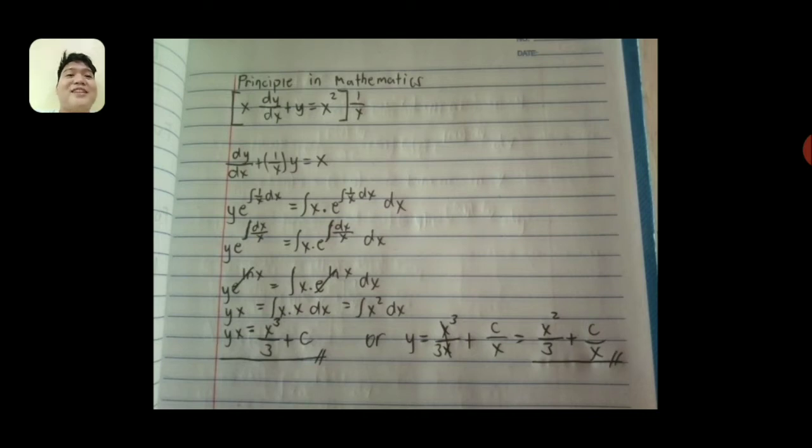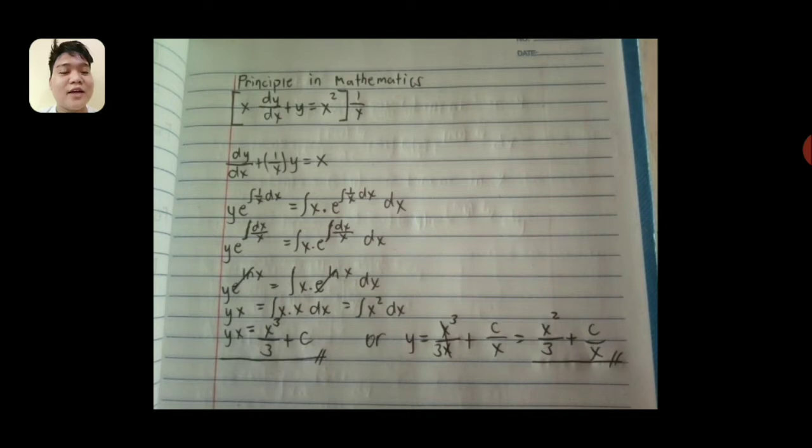So our formula is y times e raised to the integral of p of x, which is 1 over x, the integral of 1 over x dx, equals the integral of q of x. Our q of x is x. So the integral of x times e raised to p of x, which is 1 over x, dx.